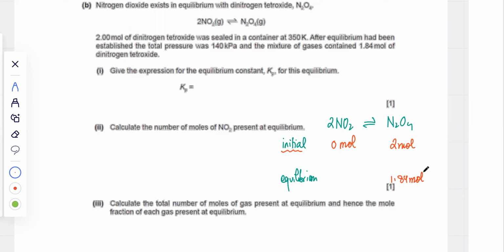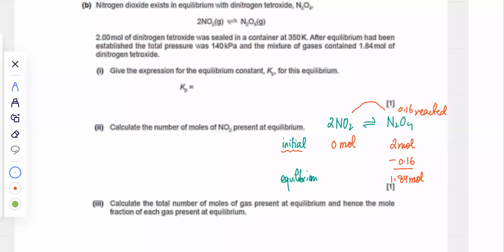So how many moles are missing? That's 0.16, right? You started off at 2, now you have 1.84, so 0.16 moles are missing. So that indicates that 0.16 moles must have reacted.